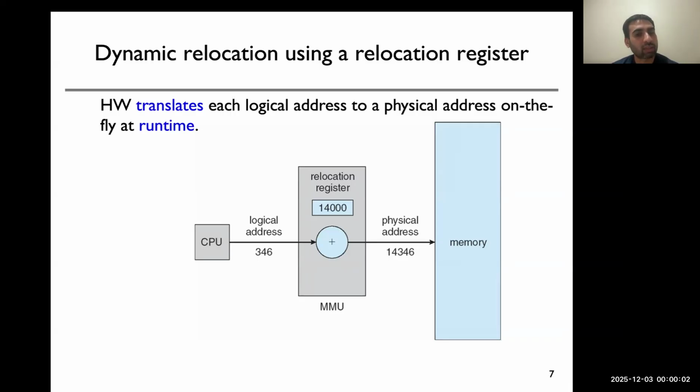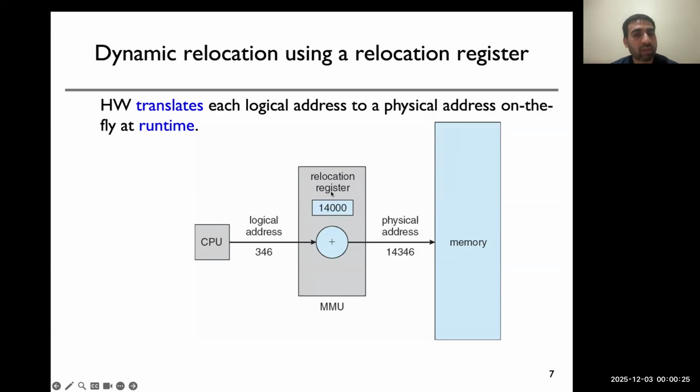So let's say that logical address is 346. That is the logical address of your variable y, and you want to put it in the pointer variable x. But if you want to access that address, for example to write data in memory at that address, first it will be converted to the physical address.